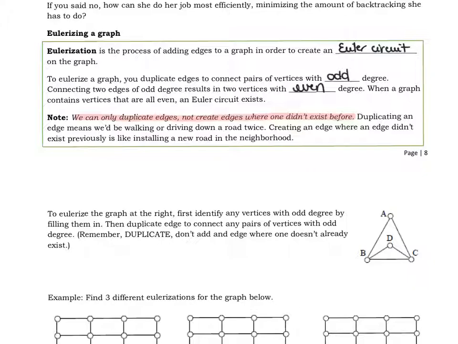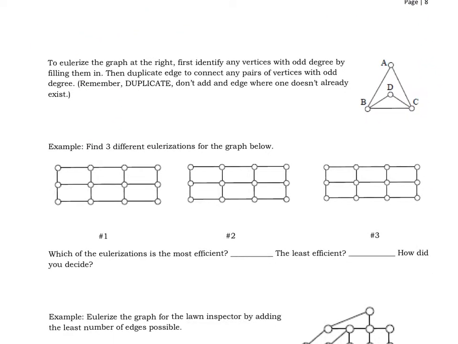All right, so we're going to take this graph right here and we are going to Eulerize it. So the first step is to find any and all vertices with odd degree. And so you'll notice that those are vertices B and C, okay? Then what we want to do is duplicate any edges that connect those. So B and C are already connected by an edge.